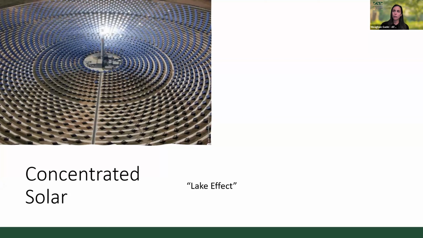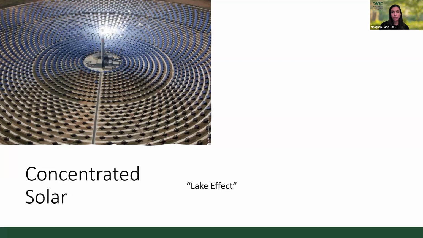There's water underneath in barrels, and the heat from the concentrated solar heats up that water, causes steam, and turns a turbine. That's how concentrated solar works. Currently, there's only one functional concentrated solar facility. It's called Ivanpah, in the desert southwest of the United States. But there are a lot of wildlife issues with both concentrated solar and PV solar.